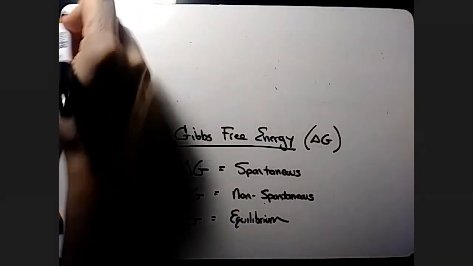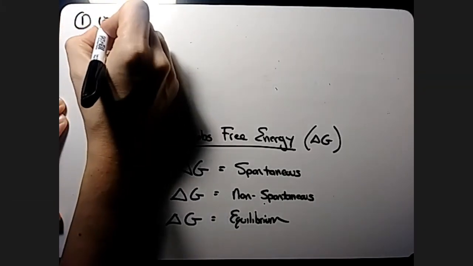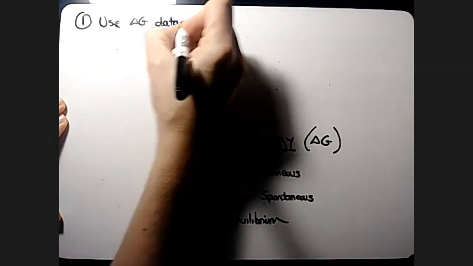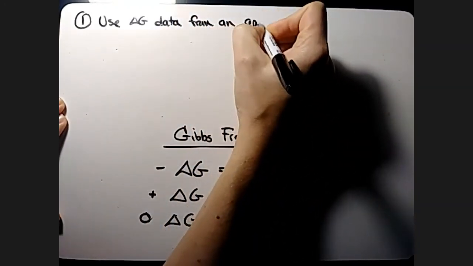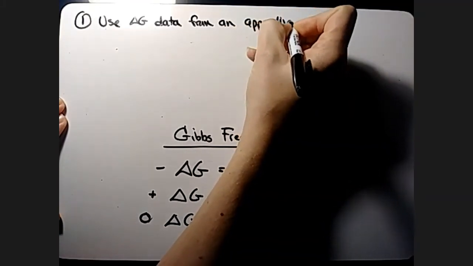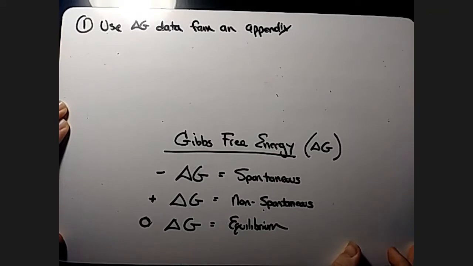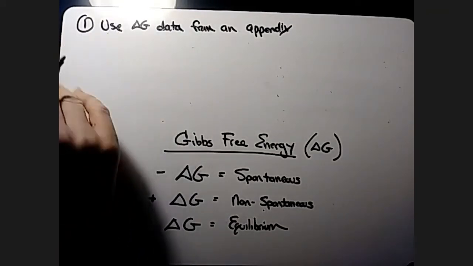Okay, so the first way that you can actually calculate Gibbs free energy is to use delta G data from an appendix. And this is probably going to be your favorite way because, I hate to say it, this is the simplest way. I'm going to show you a totally new and unfamiliar equation.